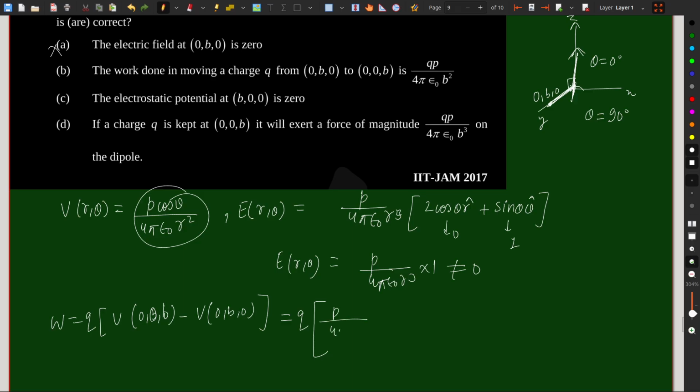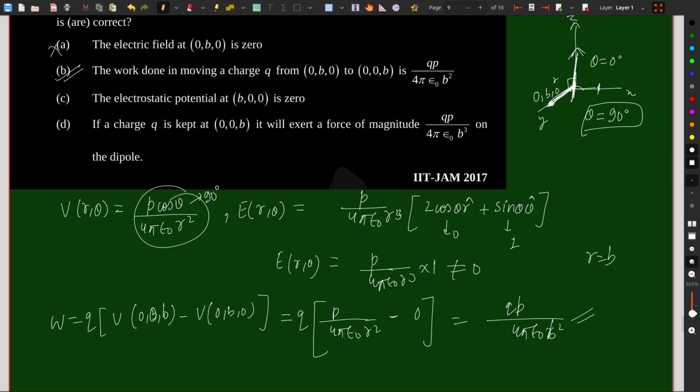So this will be p over 4 pi epsilon naught r square, minus the potential at (0, b, 0), where the dipole is in z direction and the r vector is in y direction, so theta is 90 degrees and cos 90 is 0. So the work done is Qp over 4 pi epsilon naught b square, where r is b. So this is correct.